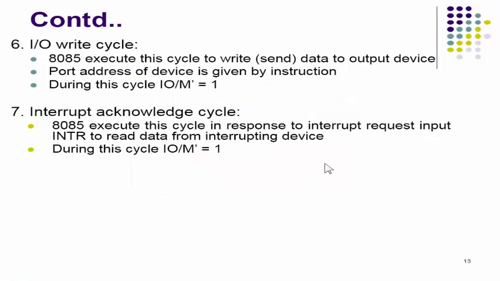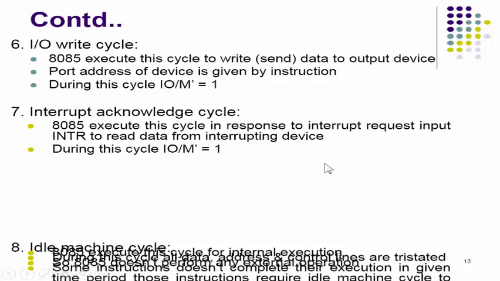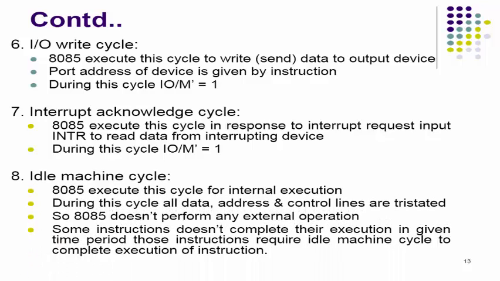Then the interrupt acknowledge cycle: 8085 executes this cycle in response to the interrupt request input, that is INTR, to read the data from the interrupting device. In this case the IO/M bar signal is logic 1.